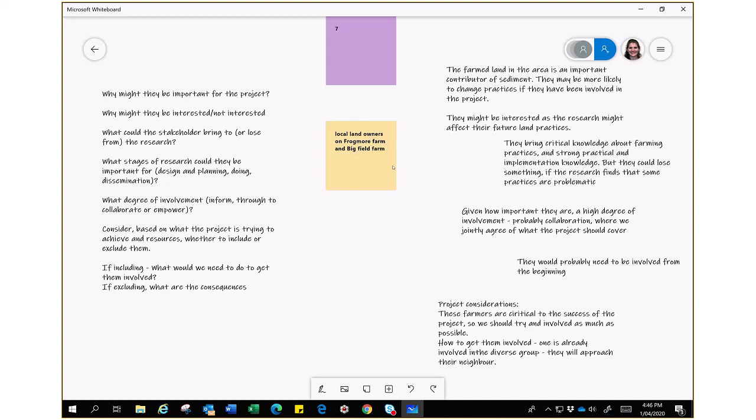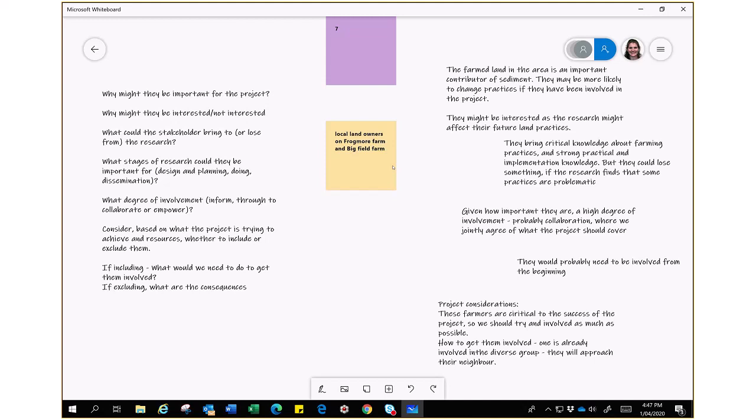They bring critical knowledge about farming practices, strong practical and implementation knowledge. So that's what they could bring to the research. In terms of what they could lose, if the research finds that some of their practices are problematic, it could limit their ability to use those practices in the future.